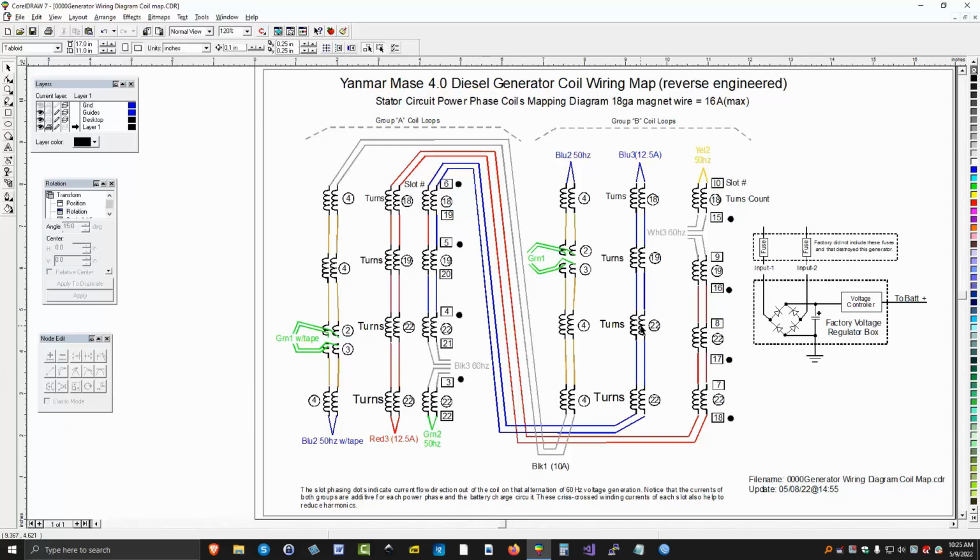It's also true for the battery charger windings. Now, the battery charger winding is a little bit different because we have a black one which is common between the two. So if we ground this, we get half the voltage to ground to the battery terminal, which is blue 250.